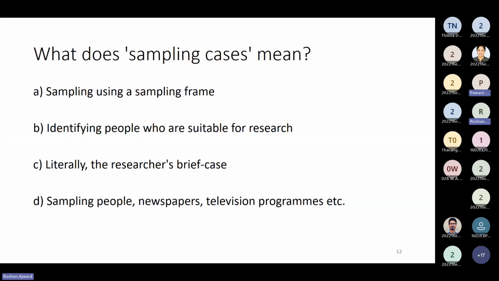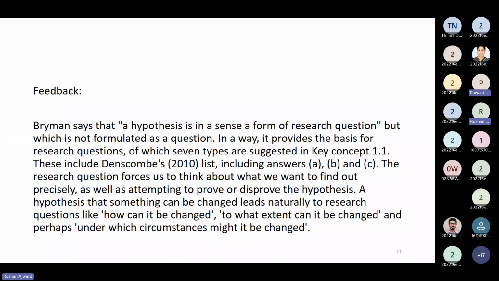Denscombe says that a hypothesis is, in a sense, a form of research question, but which is not formulated as a question. It's not a type of research question, it's a form of research question. In a way, it provides the basis for research questions, on which the types suggested in Key Concept 1.1 by Denscombe are based.